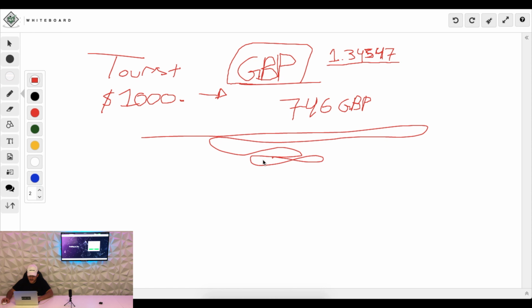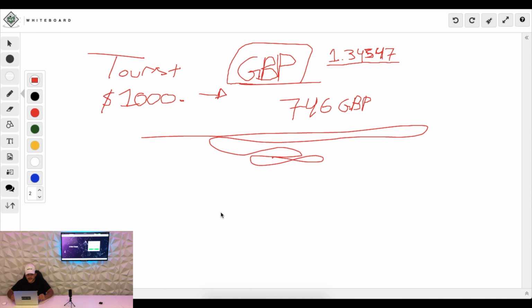Let's skip the travel part, and now he's coming back to the USA. He did not spend a single dime while traveling, meaning he still has his 746 British pounds in his wallet.